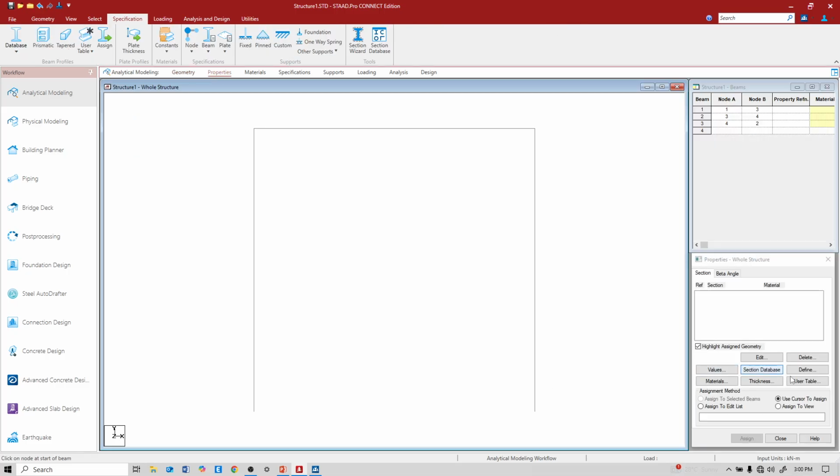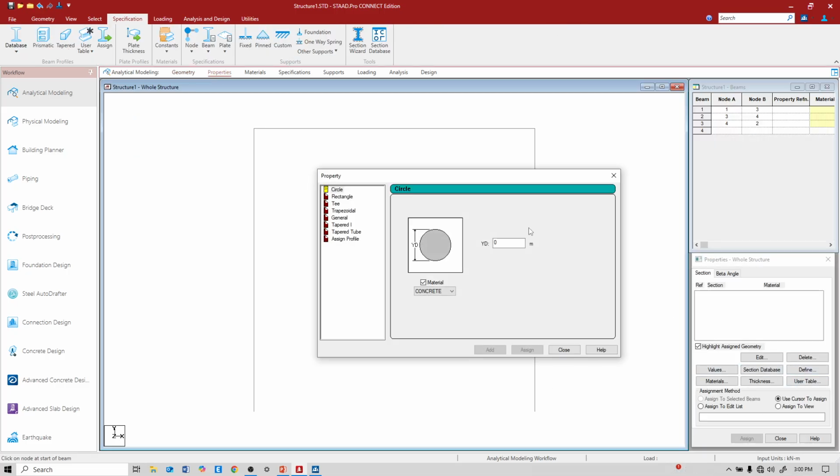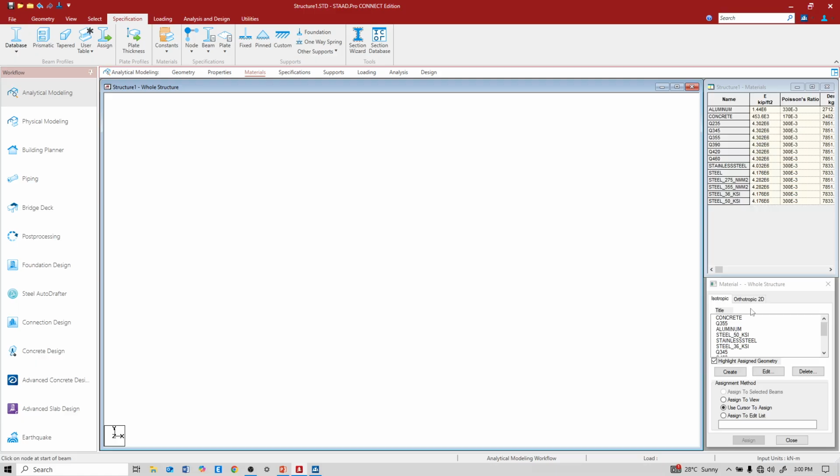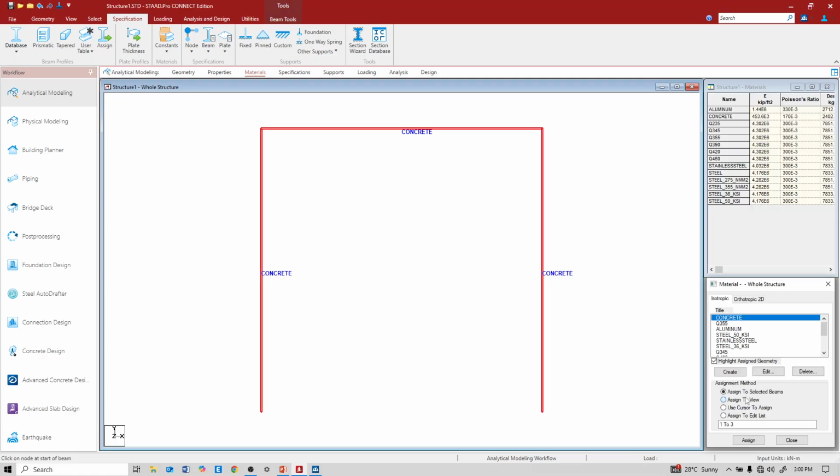Define some property. Rectangle, 0.23, 0.45. Add close. Assign to view. Assign. Yes. Now material is concrete. Assign to view. Assign.